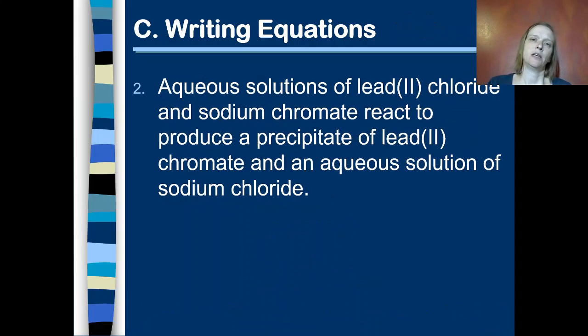All right, here's another example. Aqueous solutions of lead 2 chloride and sodium chromate. So these are my reactants. React to produce a precipitate, remember that's a solid, of lead 2 chromate and an aqueous solution of sodium chloride. So we're going to have lead 2 chloride, lead with a charge of 2, chloride has a charge of -1, so this is my correct formula.